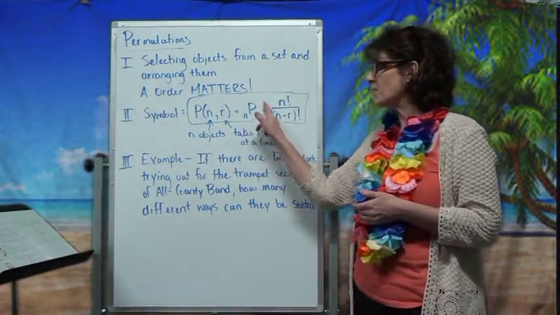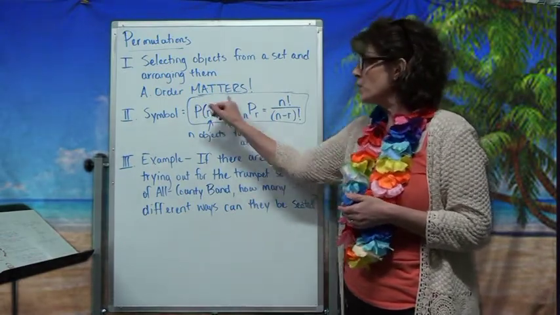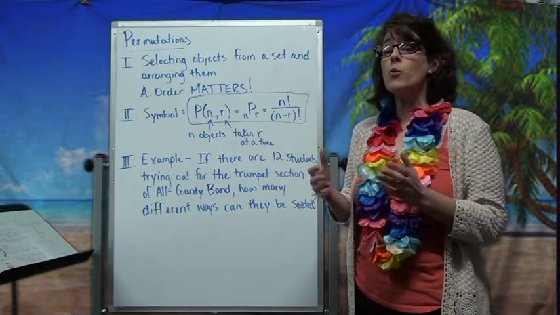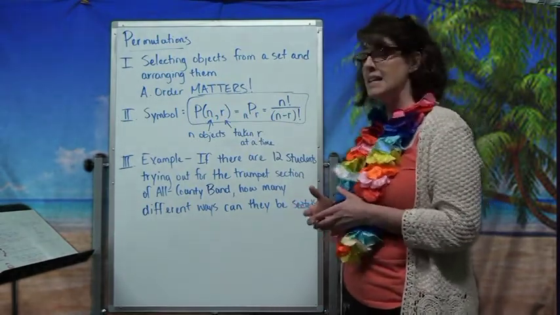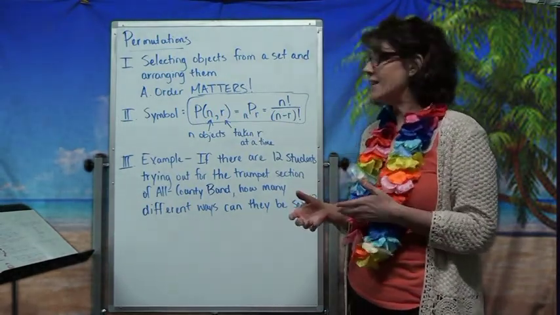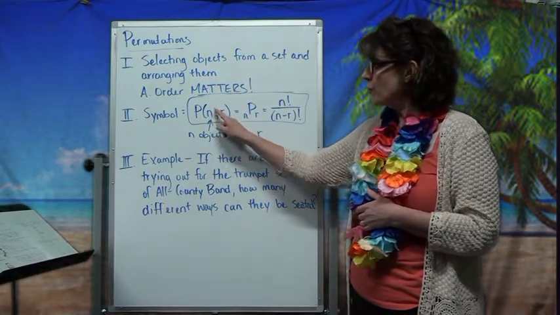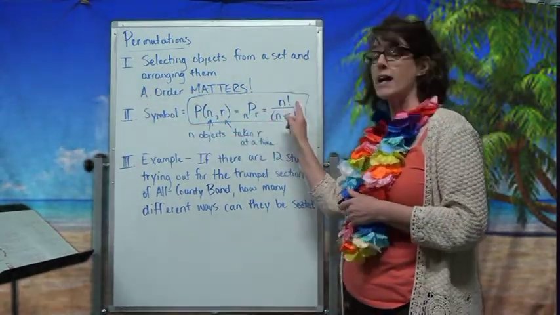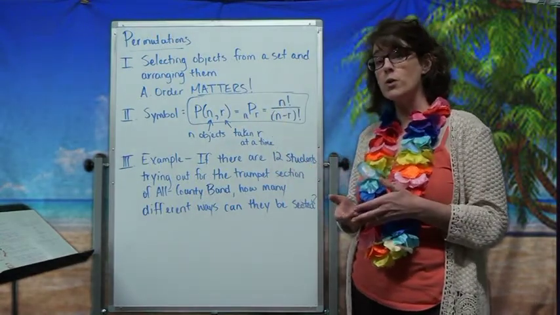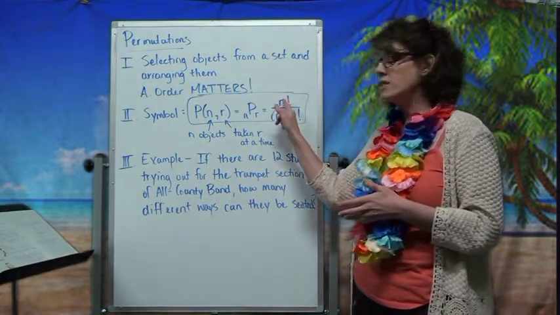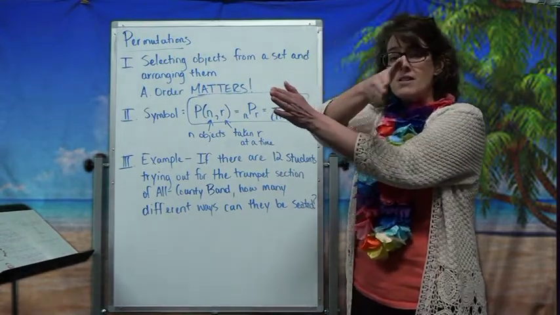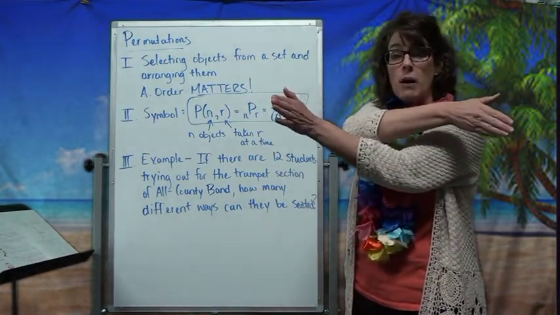And this is just a different way to denote that symbol. You can either see it written this way or you can see it written this way. But either way that you see it written, the computation to get there says I'm going to take this first number, the total number of objects that I've got, and I'm going to do a factorial of that. Now we've talked about factorials before. What that means is whatever this number is, I'm going to multiply it by a succession of numbers. Each of these successive numbers is going to be decreased by 1.